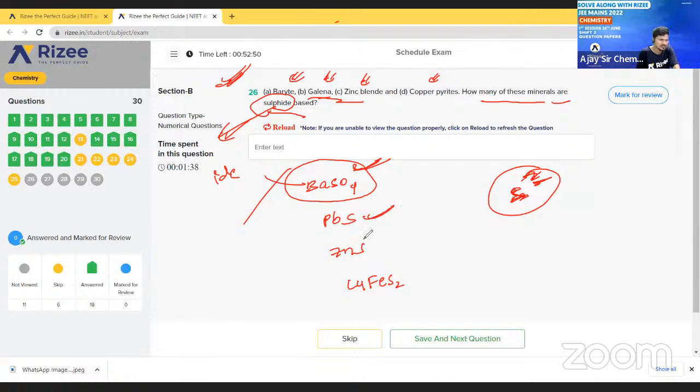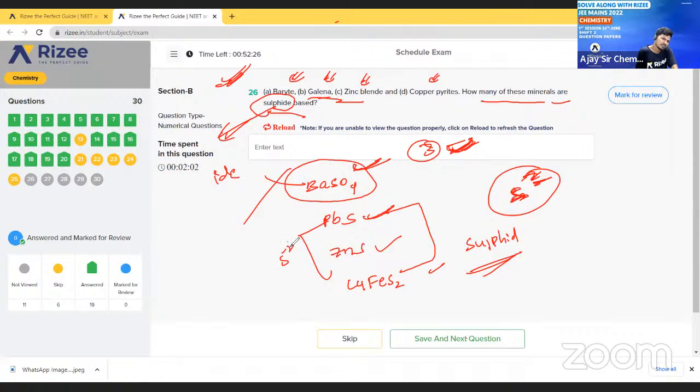See here, this is lead sulfide, zinc sulfide, and this is also a sulfide. So these three are mineral-based sulfides. What is the correct option? 3 is the correct option. In these three, sulfide has a -2 charge, but in barium sulfate, SO4 has only a minus charge, it should have -2. So this is a very simple question.